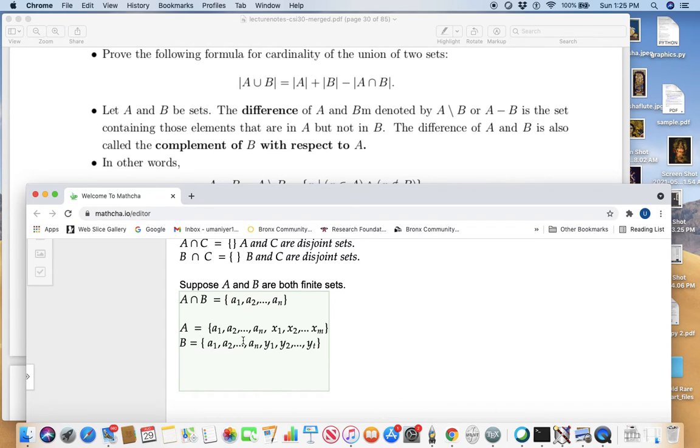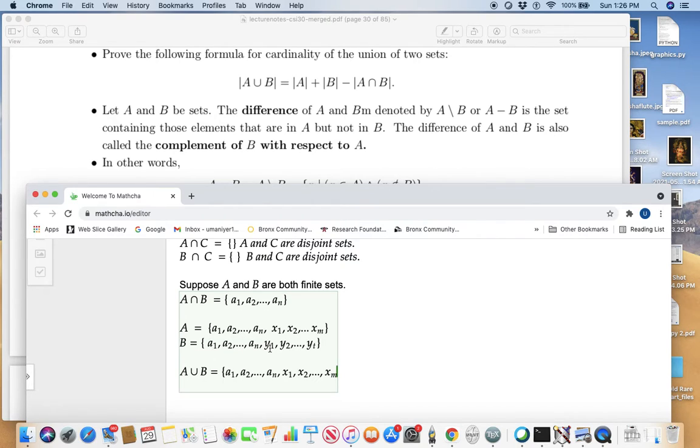So now let's look at A union B. Well, what is it? You have something common, you don't repeat. Take everything in A and see whether you have missed out anything.